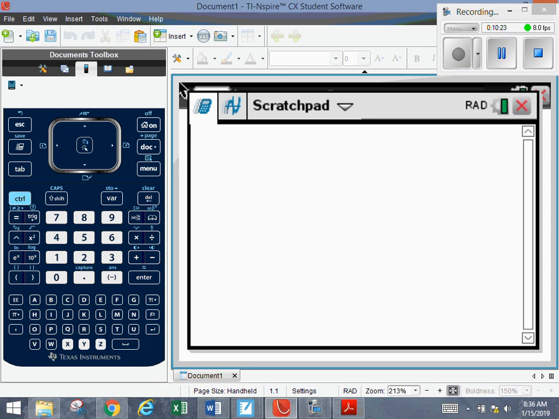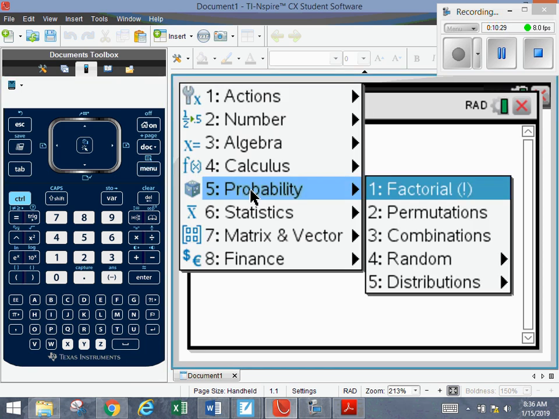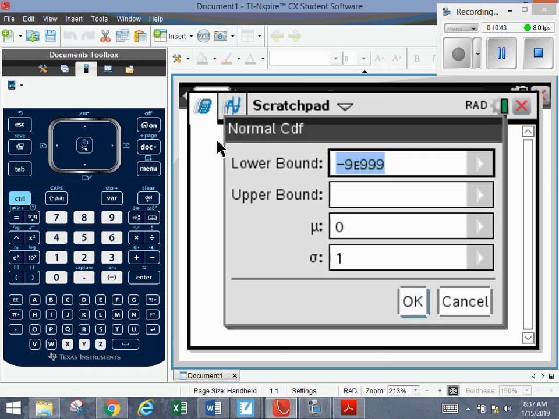It's much simpler. All you gotta do is hit menu, probability. We're gonna go to distributions just like we've done before, when we're calculating binomial distributions and geometric distributions. Now we're gonna look at a normal distribution. What we're gonna choose is normal CDF.